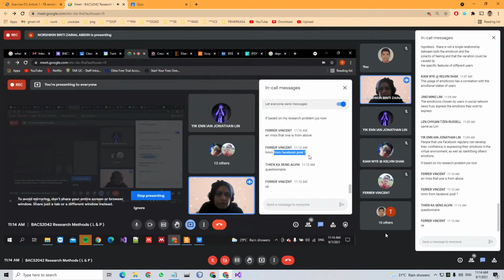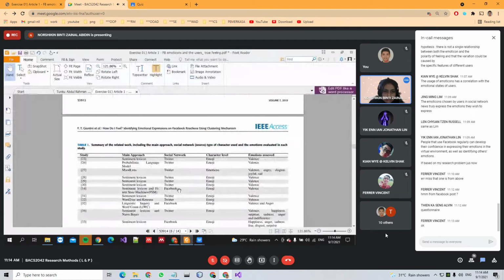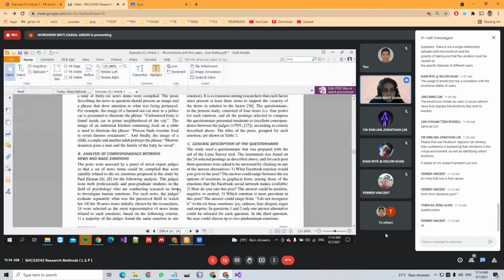So from Facebook post, is there anything from a Facebook post? I think it can be correct. But I think from this article, Facebook post is too general.